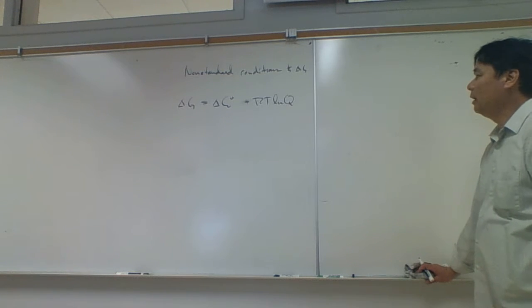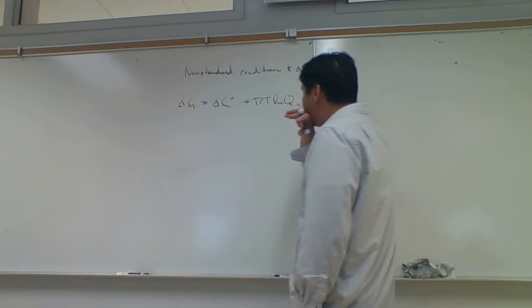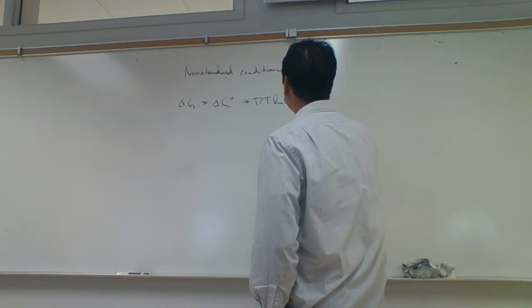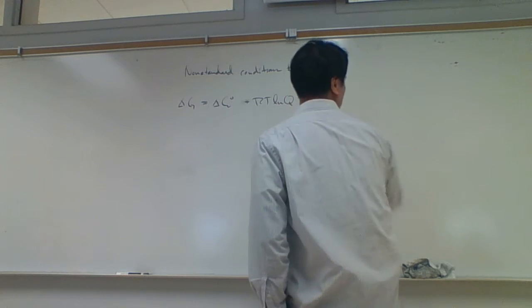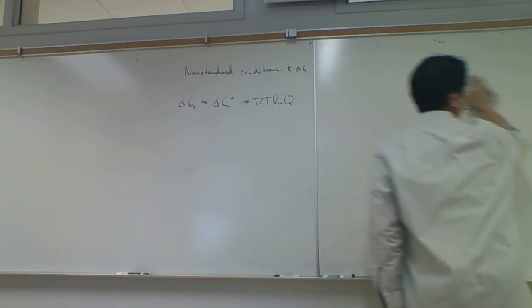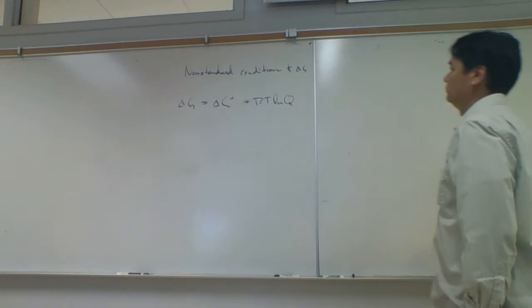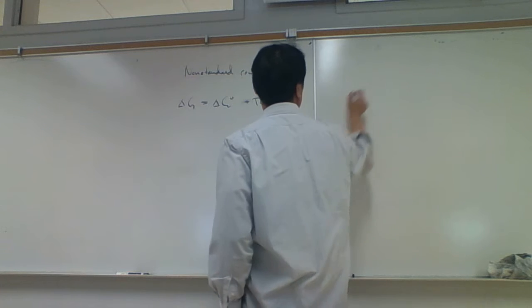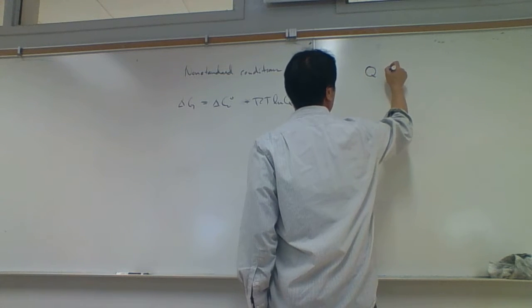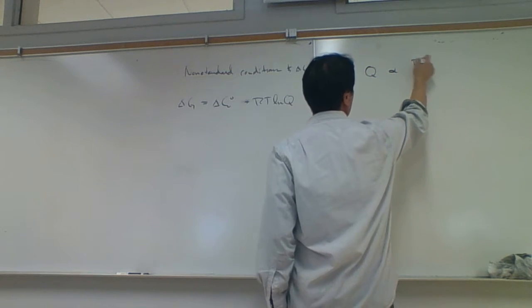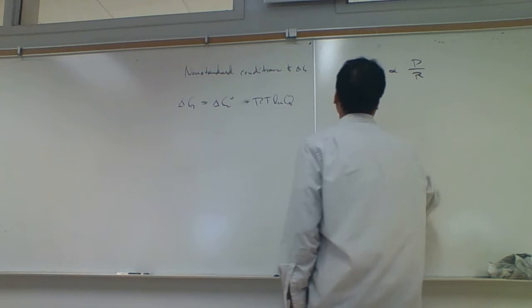So if I think about Q, it's going to look like this. Q is kind of proportional to the product to reactant ratio.